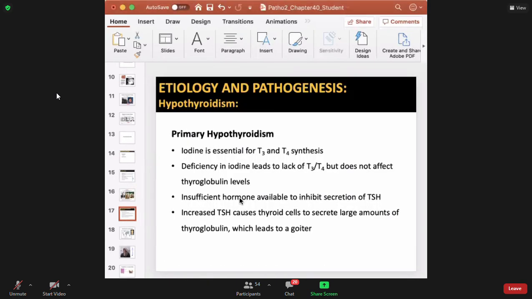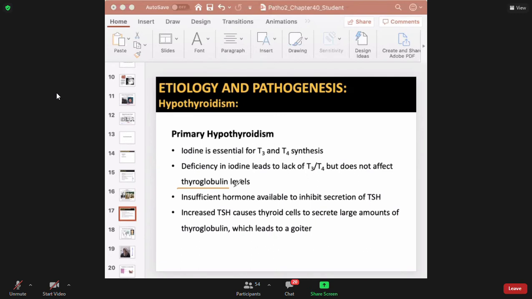So overall, if we're dealing with a primary hypothyroidism, like we said before, iodine is essential for T4, T3 synthesis. So if you don't have the iodine, you won't be able to make the hormone, right? However, if you recall from the previous chapter, there's a protein known as thyroglobulin that's important for thyroid hormone development.